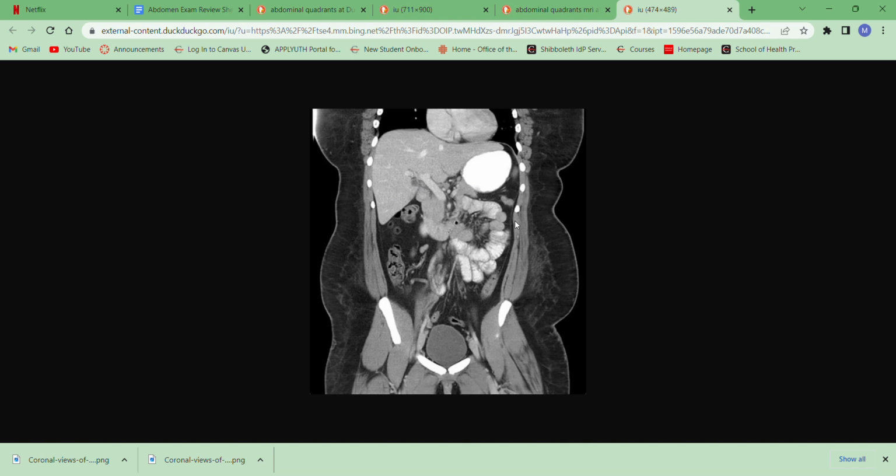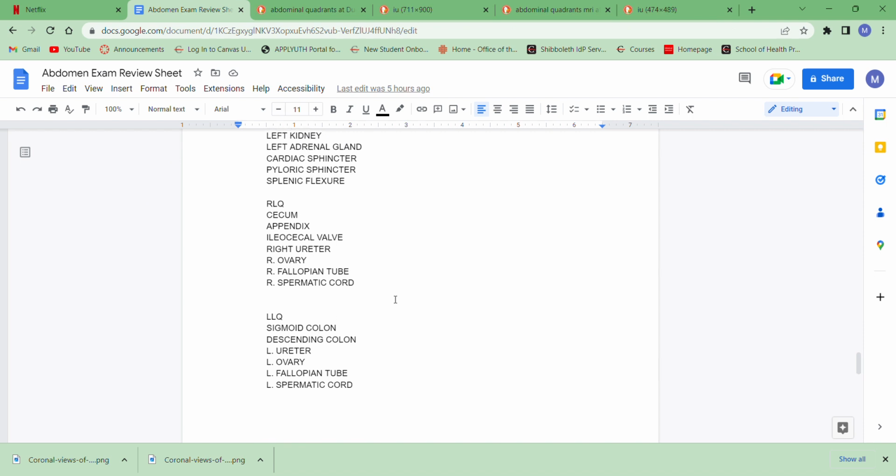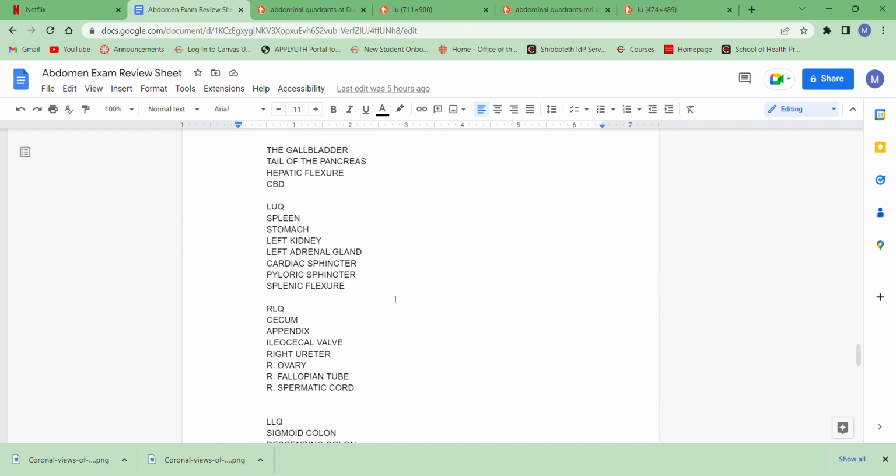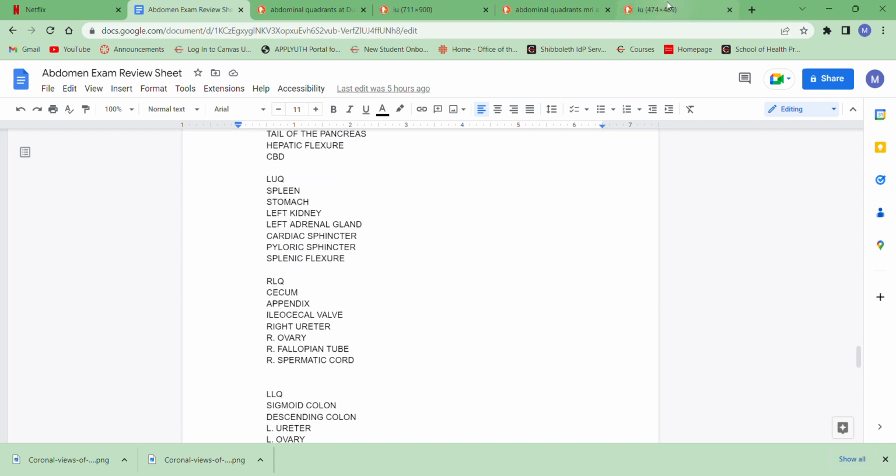And here your transverse colon will be about here, splenic flexure here, descending colon here, sigmoid here. Here's the bladder, pubic symphysis again, and appendix down here, cecum down here, duodenum will be up here. Okay, yeah, so that's basically the quadrants.